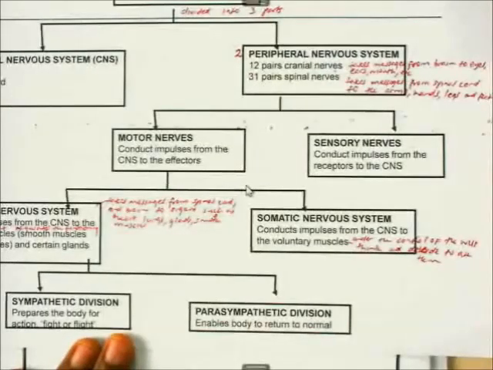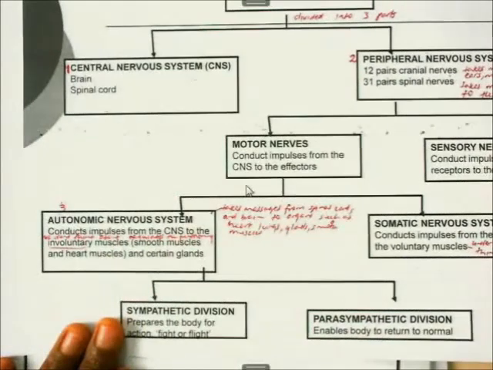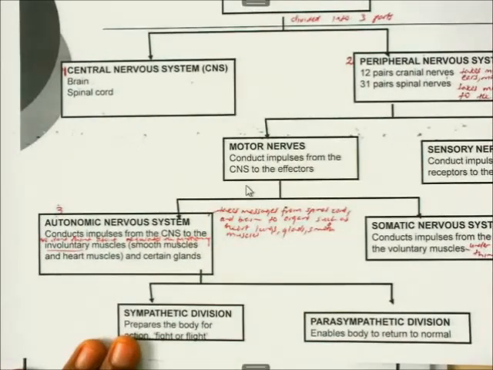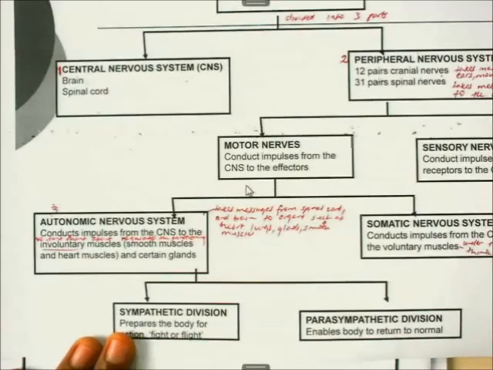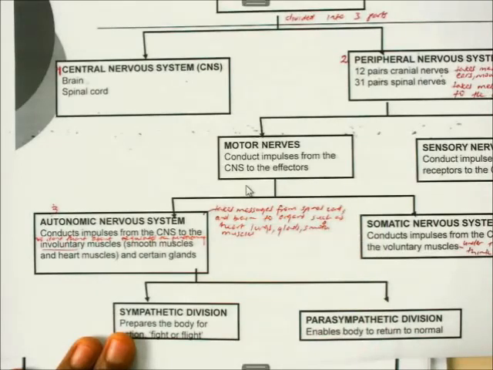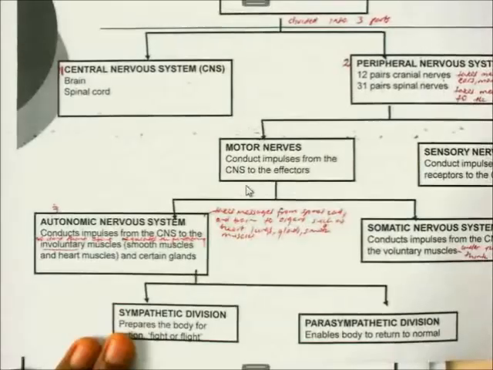The other part of the nervous system is called the autonomic nervous system. The autonomic nervous system is a system of nerves that takes messages from your spinal cord and brain to organs such as your lungs, glands, and the smooth muscles.